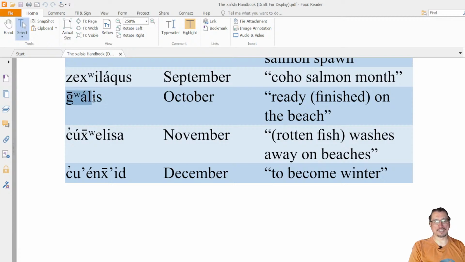So Guas is the root, Is is the suffix, and it turns this tilted L sound into a regular L sound. It softens the last sound of the root, so the tilted L becomes a regular L, and that's why it's Gualis.